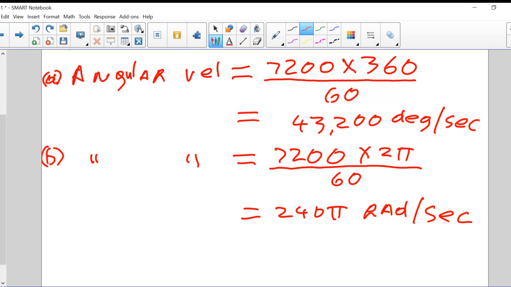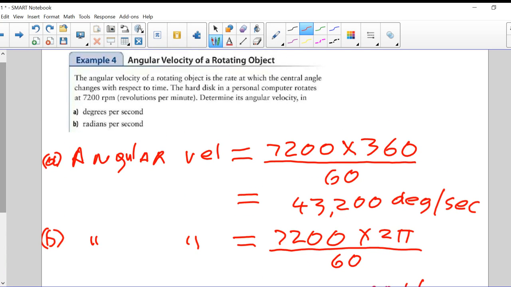Okay, so Hussein is asking, how would the calculation change if it said radians per minute or per hour? Great question. In that case, I wouldn't be dividing by 60. If it was per minute, then this was given already in terms of revolutions per minute, so I would just divide by 1.